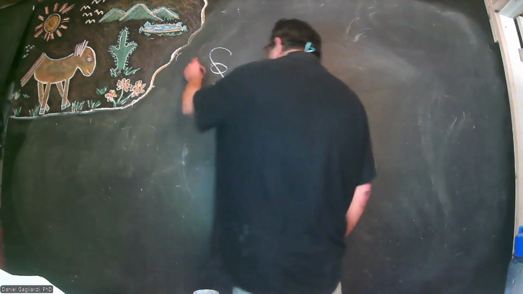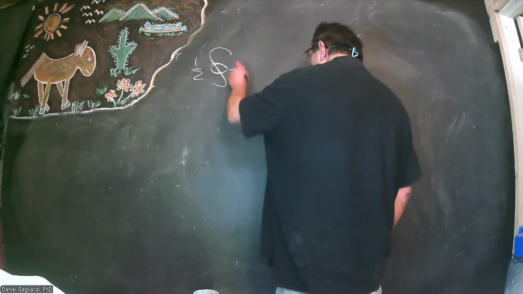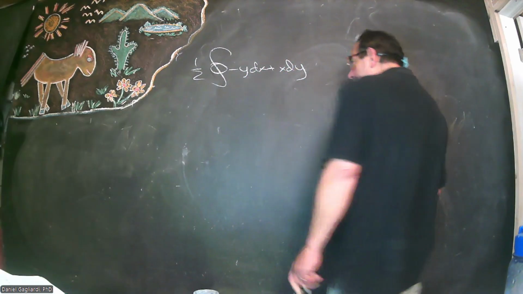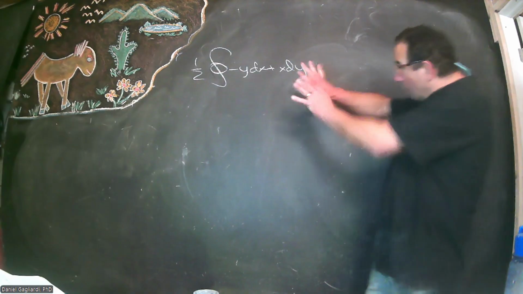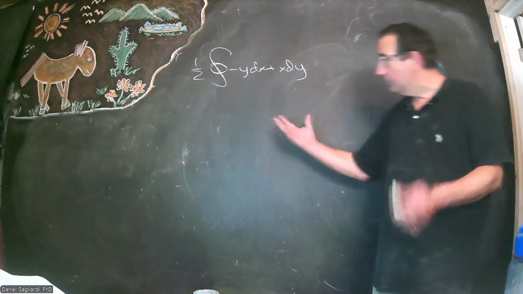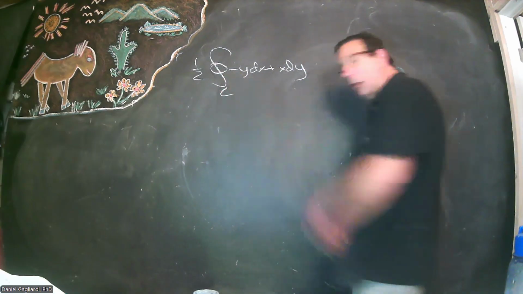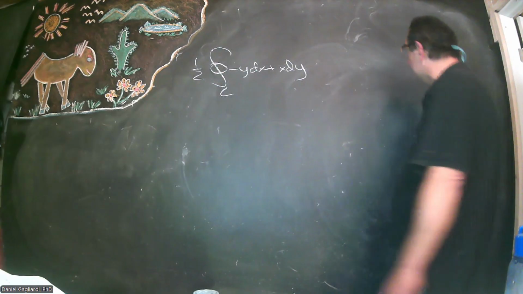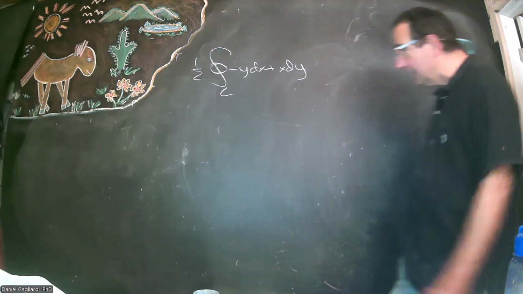We're going to consider 1/2 the integral of negative y dx plus x dy. Now, according to Green's theorem, we know that this integral is going to be the area of whatever is enclosed by C, right? So let's let C be an ellipse.